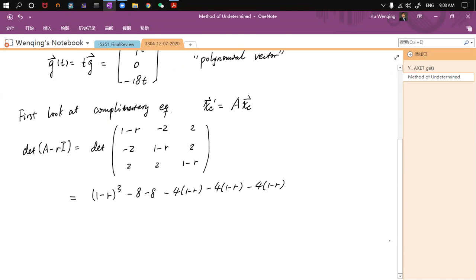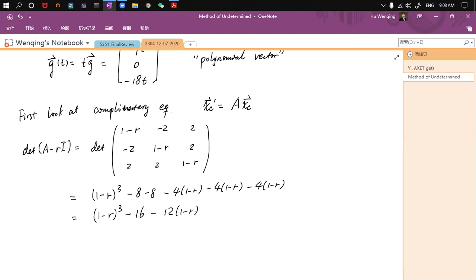Now you can see that this is nothing but 1 minus R cubed, minus 16, minus 12 times 1 minus R.